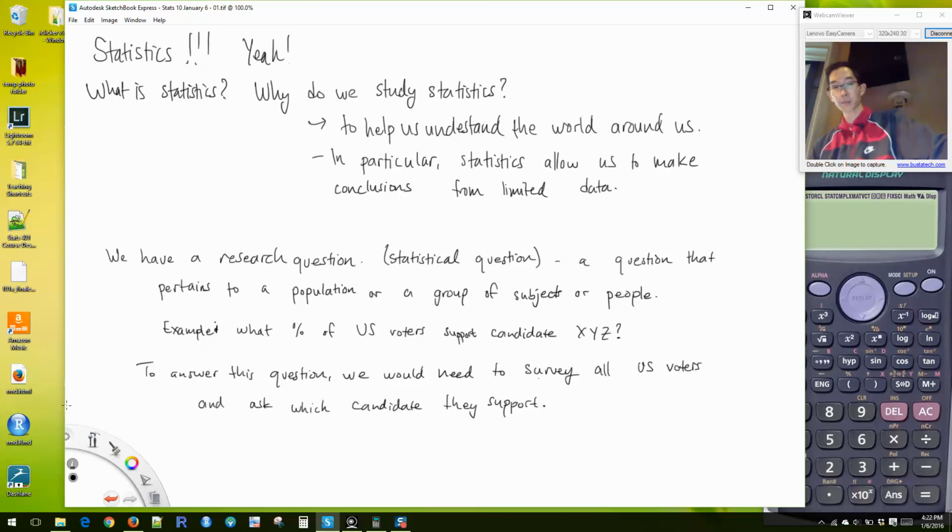Okay, this would require a lot of time and energy, and is probably, from a practical perspective, impossible to do. Okay. Except on election day. All right. And so instead of trying to survey everyone, we can survey just a sample of voters.